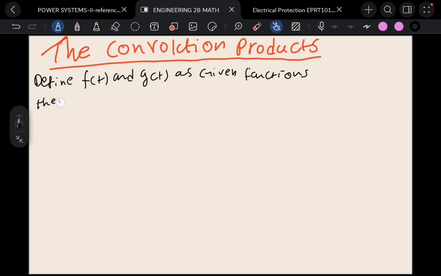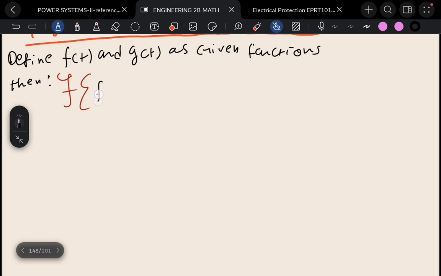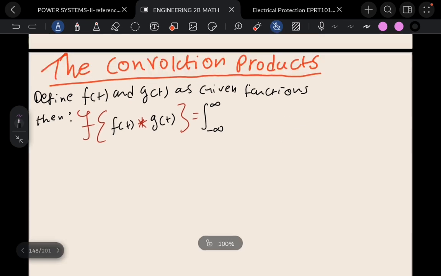Then the Fourier transform of f of t convolution g of t is equals to an integral from negative infinity to positive infinity of f of tau g of t minus tau d tau.